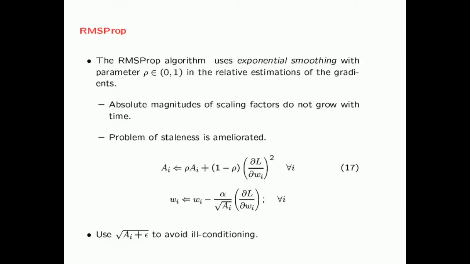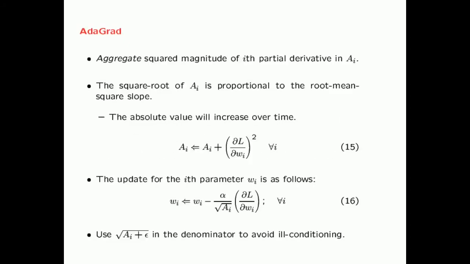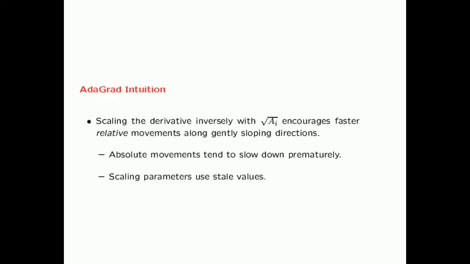So rmsprop addresses both of these problems with the use of exponential smoothing. In exponential smoothing, you are using a parameter rho, which lies between 0 and 1, for the relative estimation of the gradients. You should compare equation 17 with equation 15. Equation 15 for Adagrad simply takes the sum of squares of the partial derivative.